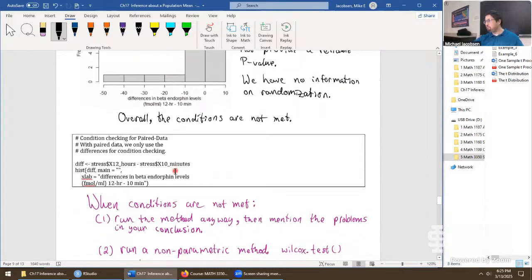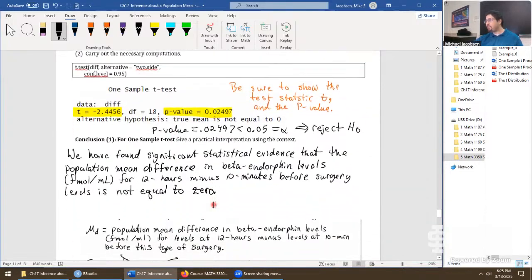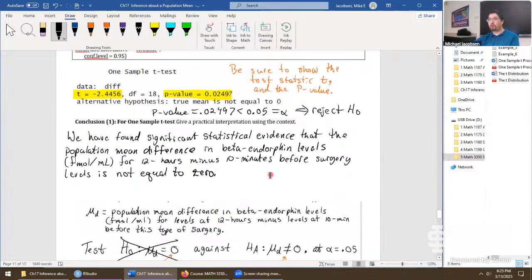We did answer that, but is that the world's most satisfying answer? If you gave this as a conclusion, would there be a follow-up question? Probably. The follow-up question is, if it's not equal to 0, is it positive or negative? What is your estimate of it? What is your confidence interval? All of that would be the follow-up analysis.